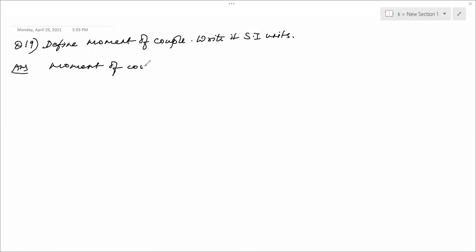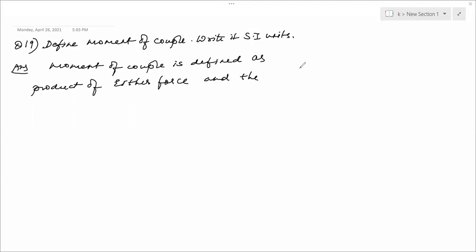So moment of couple is defined as the product of either force and the arm of the couple. Now, this arm of the couple is nothing but the distance between the forces, okay?